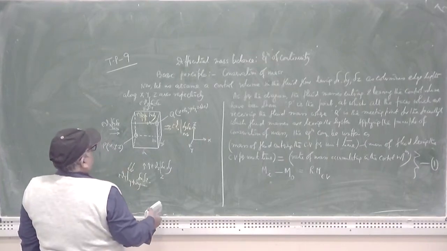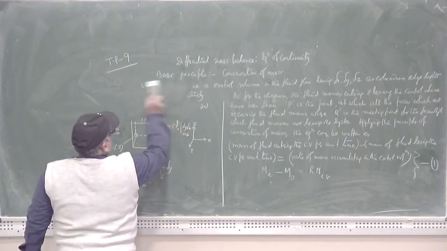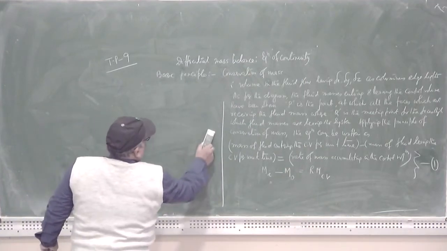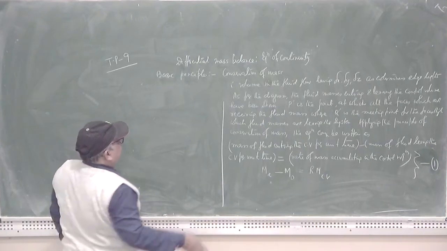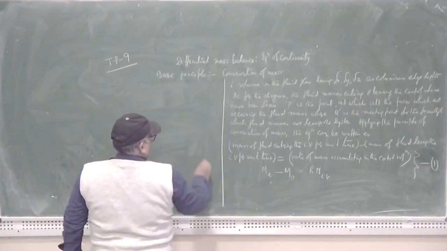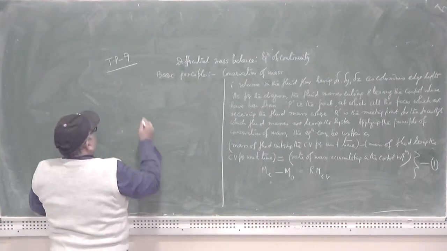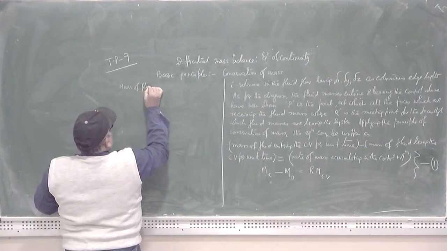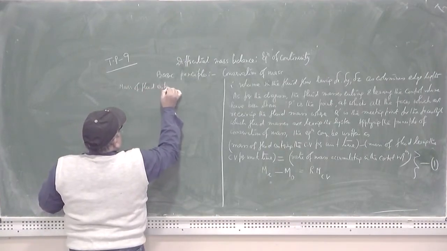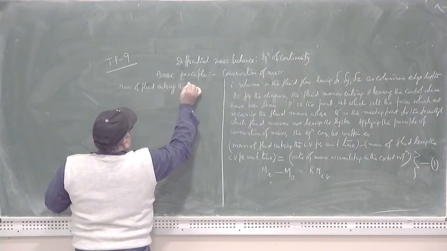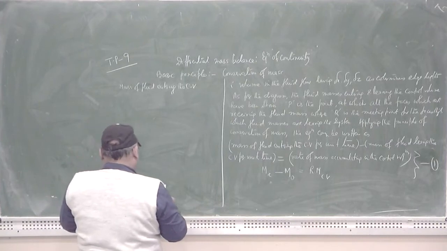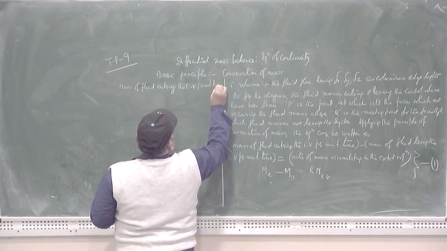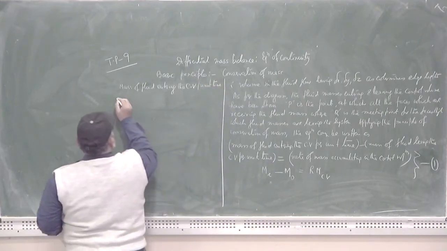So, now start the derivation part. Mass of fluid entering the control volume per unit time will be equal to how much?